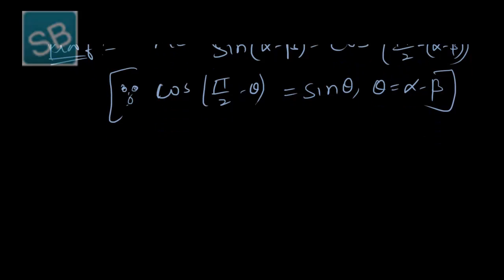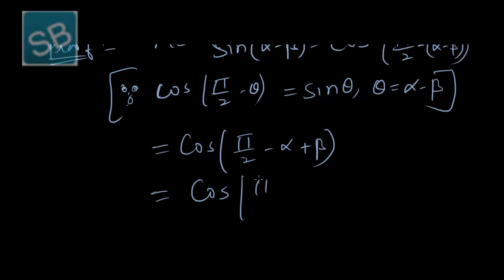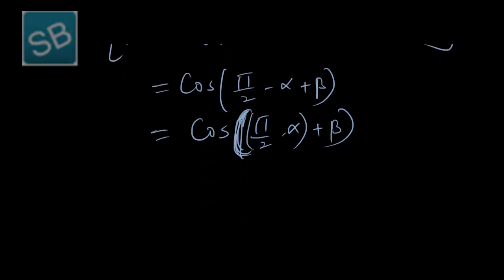So as we have cos of pi by 2 minus alpha plus beta, it becomes cos of pi by 2 minus alpha plus beta, that is, first angle pi by 2 minus alpha, second angle beta. So what is the formula for cos of alpha plus beta?